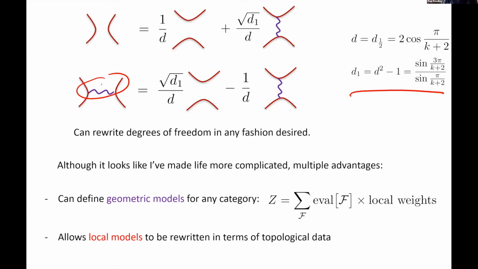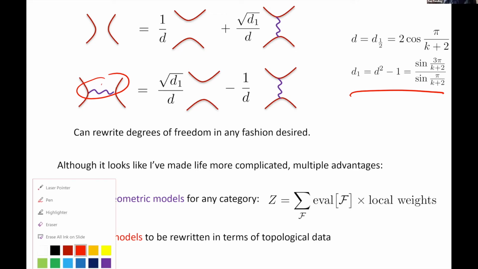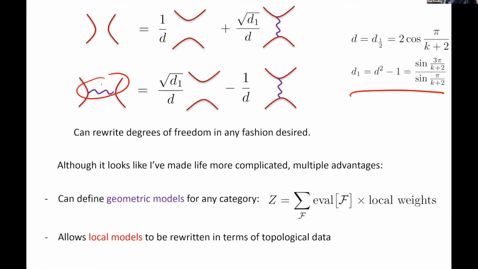But a really major advantage is that we can relate all these geometric models, where I'm drawing all these nice pictures, to local models. I'll tell you a little bit how that goes, although I won't give much detail. And then there are lots of new properties you can define.